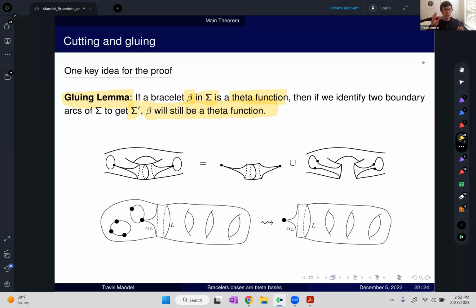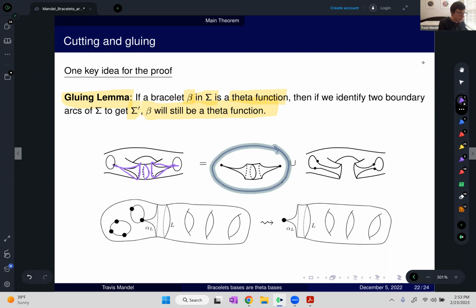You can cut your surface into pieces, prove that your loops or whatever are theta functions on the pieces, and then automatically they are theta functions on the original surface before you cut it down. So this lets us show, if you take a loop like this, you can cut it out using 2 arcs, like this arc and this one. These arcs cut out a twice marked annulus around your curve.